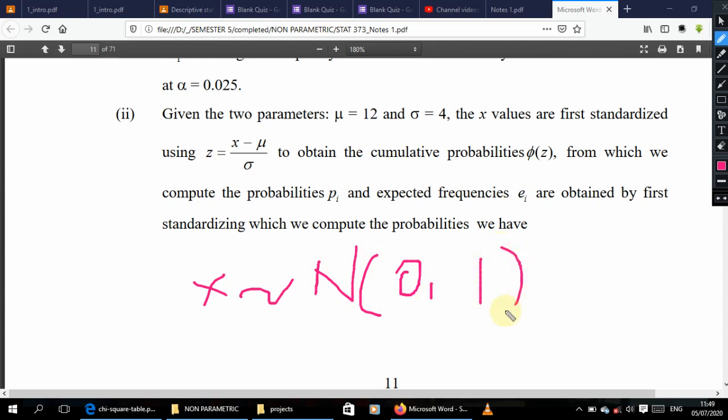Okay, this is what we say is a standard normal. So the fact that mu is 12 and the standard deviation is 4 means the variance is 16. It means it's not standard, so you have to standardize it.